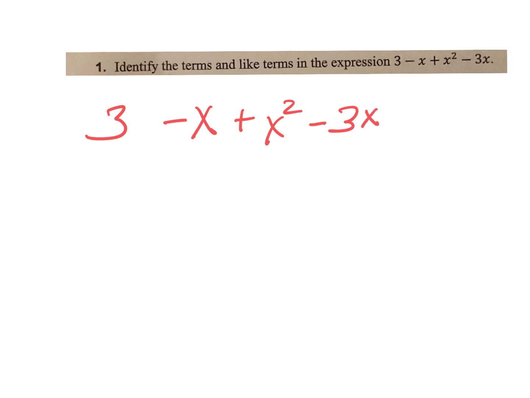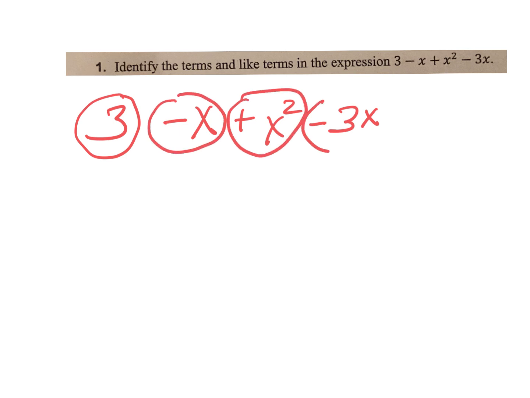Now everything that's separated by an addition or a subtraction is a term. So that's a term, that's a term, that's a term, and that's a term. I have 4 terms. And then I get the constants. There's only one constant right here, so that has no like terms.